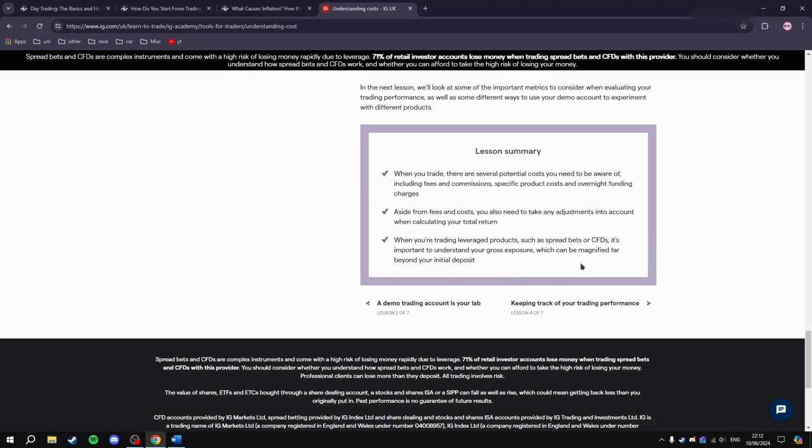When you're trading leveraged products such as spread bets or CFDs, it's important to understand your gross exposure, which can be magnified far beyond your initial deposit.